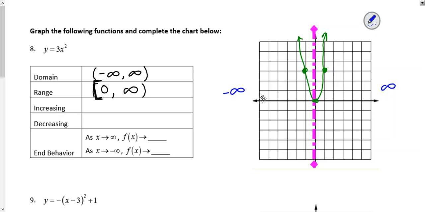Negative numbers are on the left, positive numbers are on the right. So on the left, if I start here at the top and I trace it, my pencil would decrease. So I can say I am decreasing from the left side, negative infinity, all the way until I get to this bottom point. And that bottom point has an x value of 0.